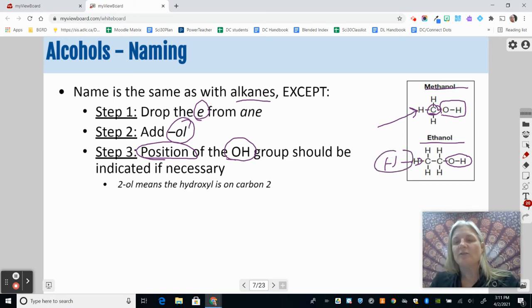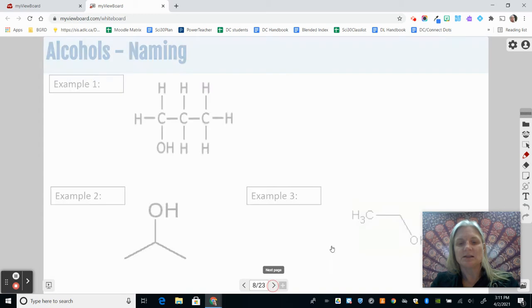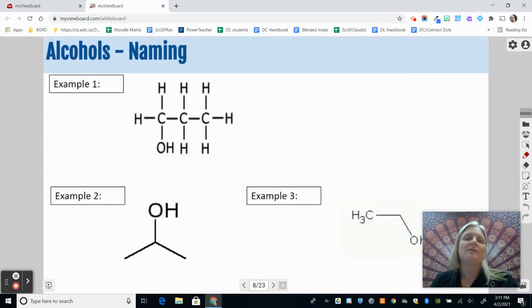But as soon as you have a 3 carbon chain, then it matters where that alcohol group is. Here we have an example of a 3 carbon chain, and you can see the hydroxyl group, our alcohol. Now, this could be here, or it could be on the middle carbon, so we need to describe where it actually is.